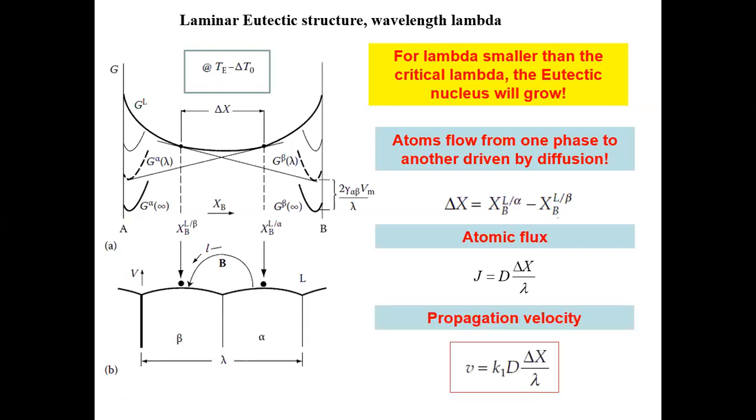And then last lecture we basically said that the propagation velocity v is going to be proportional to this atomic flux with a constant of proportionality, which is k1, and we can absorb the factor of 2, which we missed here, into the k1. Okay, so why do we not use a conservation equation to derive this?